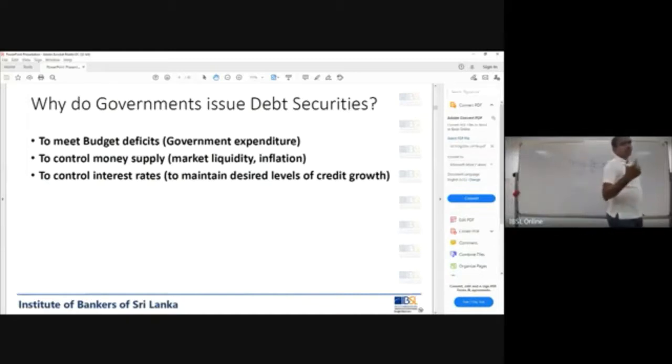And when the central bank buys, it will release rupees into the market. So by doing that, the central bank can control money supply. Then to control interest rates, right? When money supply goes up, usually interest rates go down, and when money supply is low, interest rates will go up usually. Right? So that can also be done using debt securities.